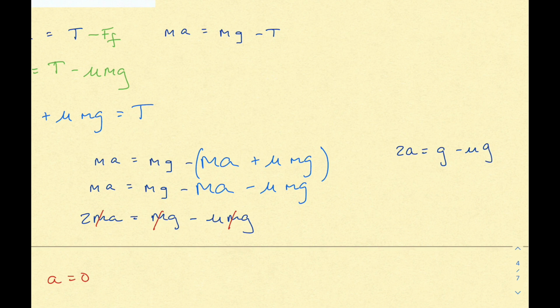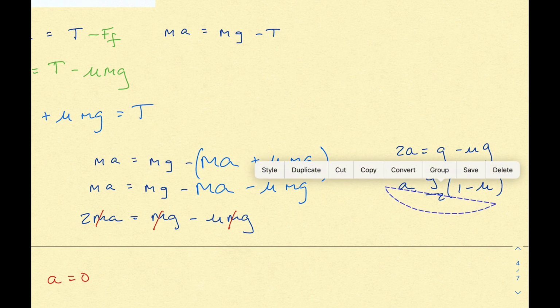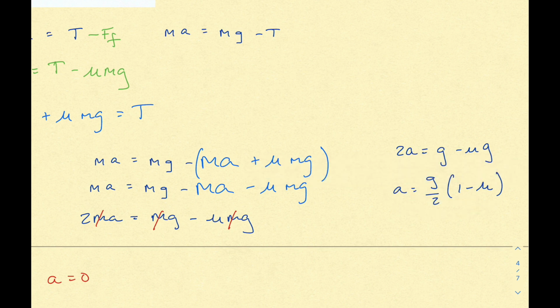Divide both sides by 2. And you can do whatever algebra you want. Like, I could have this as G over 2 times 1 minus mu. By pulling that out, if you're okay with that algebra, I can show you an intermediate step if you want.